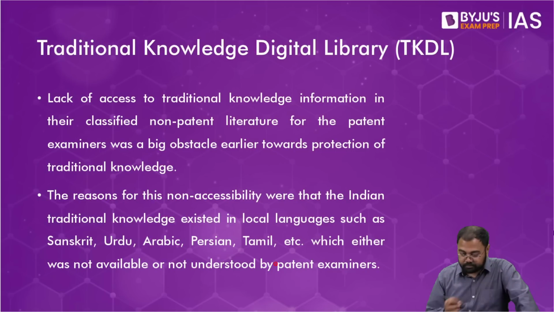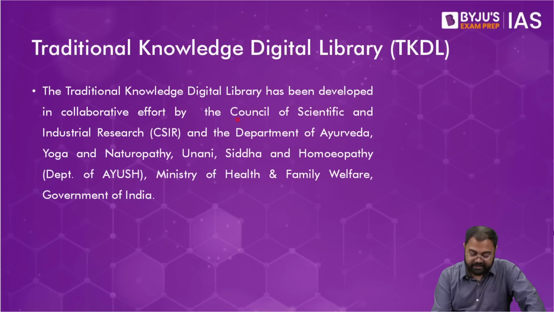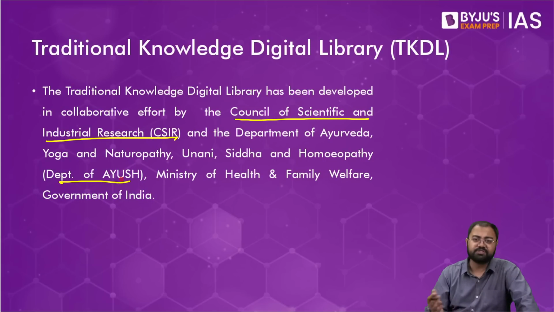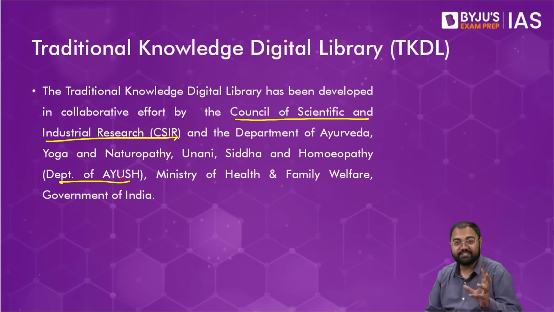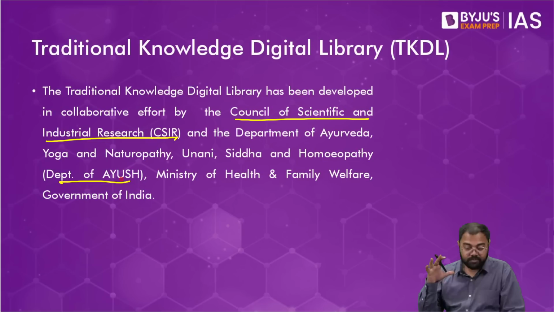So as a part of it, we saw that the Council of Scientific and Industrial Research, that is CSIR, and the Department of Ayush, which has now become the Ministry of Ayush, came together to make a digital library where all the traditional knowledge that right now exists in local languages in any part of the country will be gathered together.